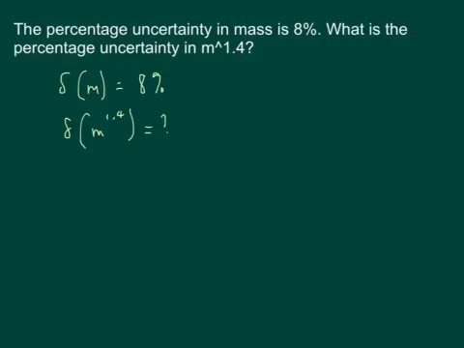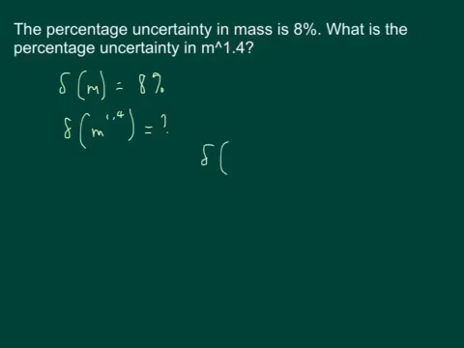The rule for exponentiation is whenever you take a measurement which is uncertain, like mass, and you raise it to some power, you always multiply the power by the percentage uncertainty in the measurement. That's a fancy way of saying what I'm about to put onto the page.